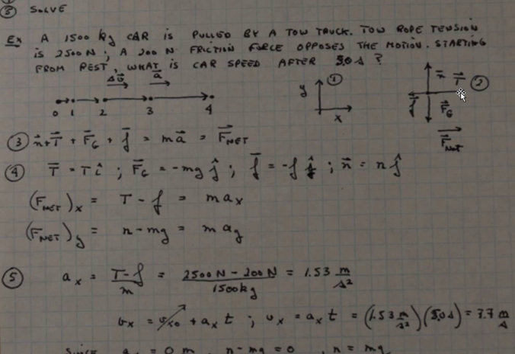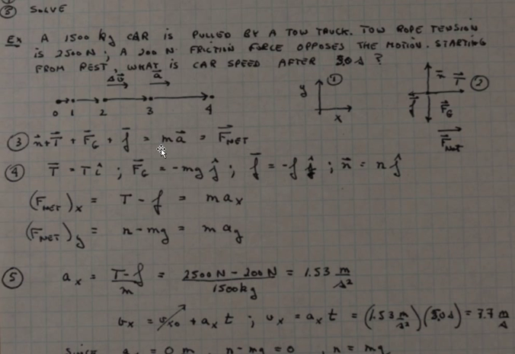The tension force from the tow rope, and then the smaller frictional force acting to oppose the motion. And I'm assuming the car is moving rightward, so the T is going to be parallel to the acceleration, and the frictional force is going to be anti-parallel to the acceleration that we know this car has.